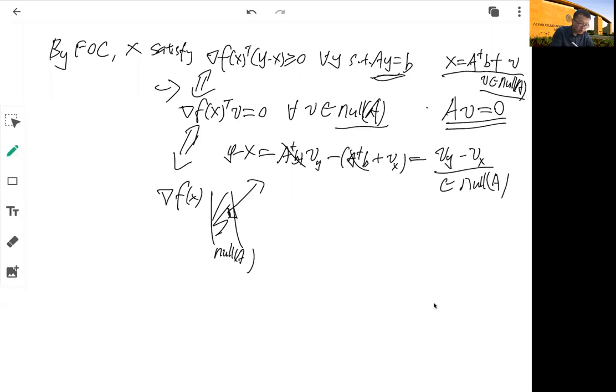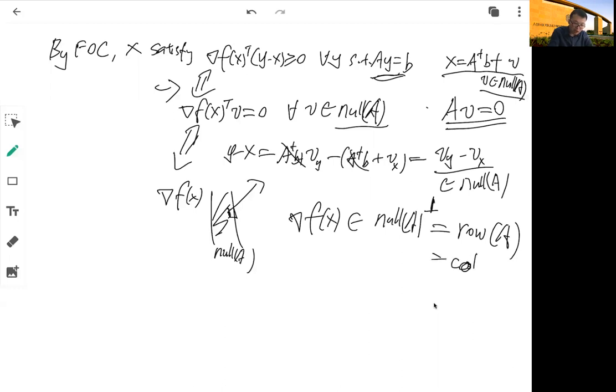So this also says that the gradient of f at x is inside the orthogonal complement of the null space, which happens to be the row space of matrix A. And the row space of matrix A is the column space of matrix A transpose.